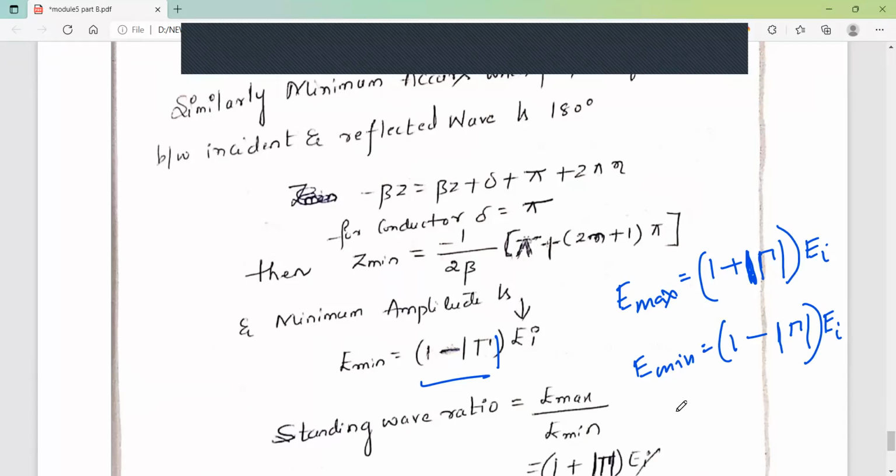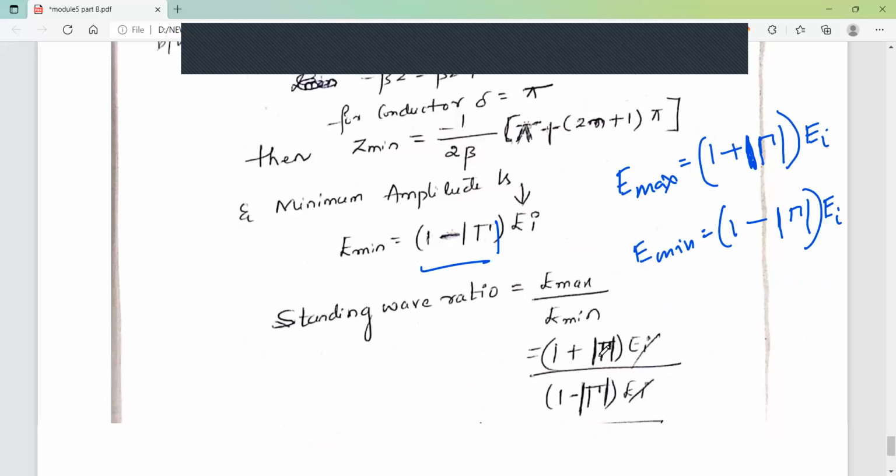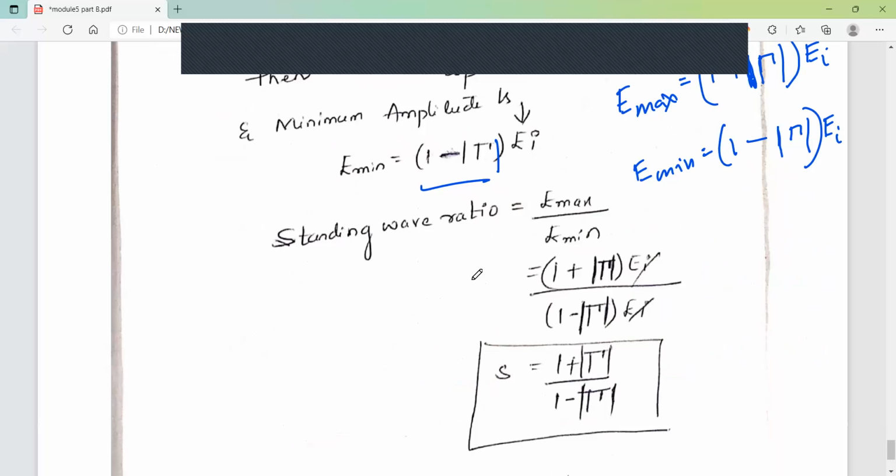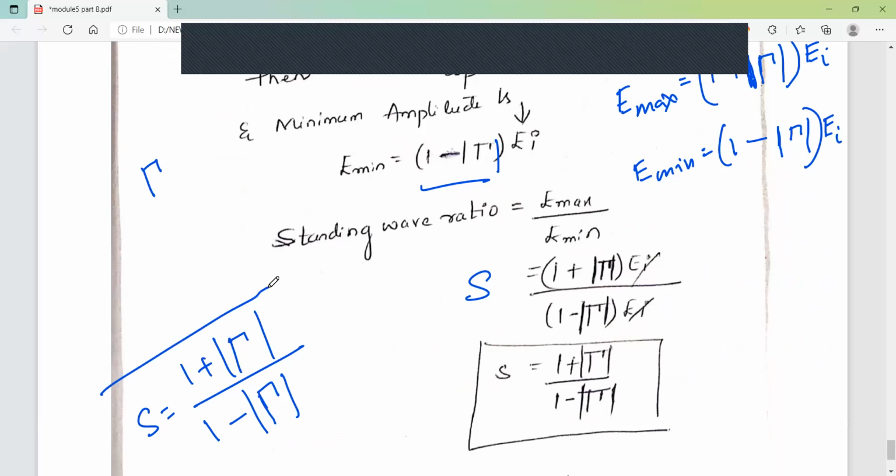So finally, we are going to get the standing wave ratio, SWR, which is given by the capital letter S as 1 plus gamma divided by 1 minus gamma. This is actually capital gamma. EI gets cancelled out. So the final expression which we are getting is S equal to 1 plus gamma by 1 minus gamma. The symbol is just like this.